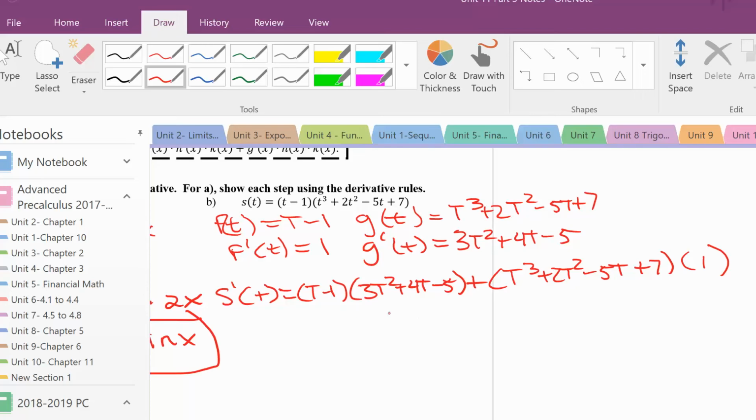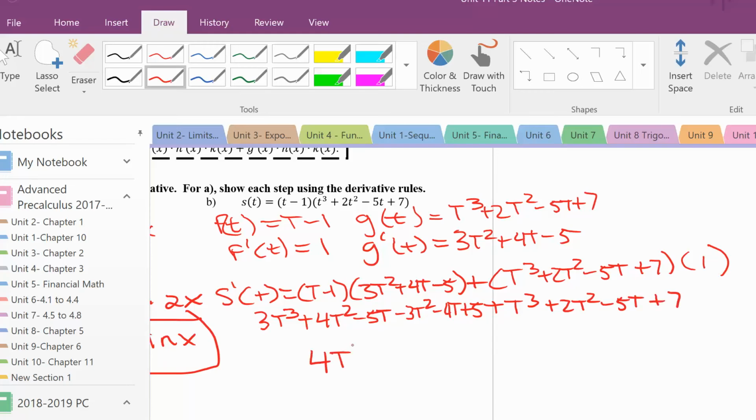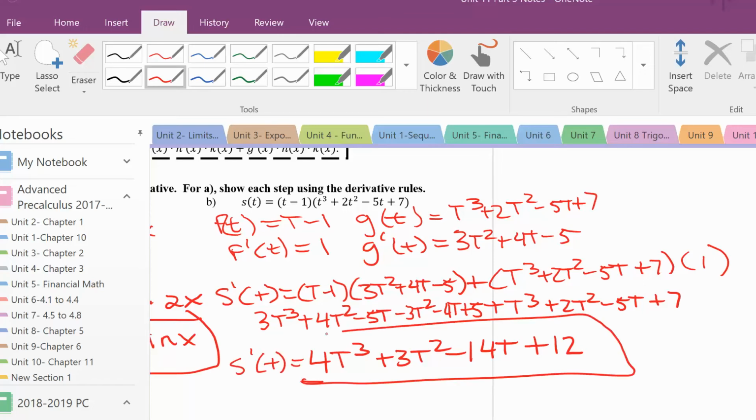So when you FOIL the t minus 1, you get 3t to the third and all this stuff here. And remember, it's plus t to the third plus 2t squared minus 5t plus 7, because that's times 1. So when you combine like terms, you get 4t to the third plus 3t squared minus 14t plus 12. And that is s prime of t.